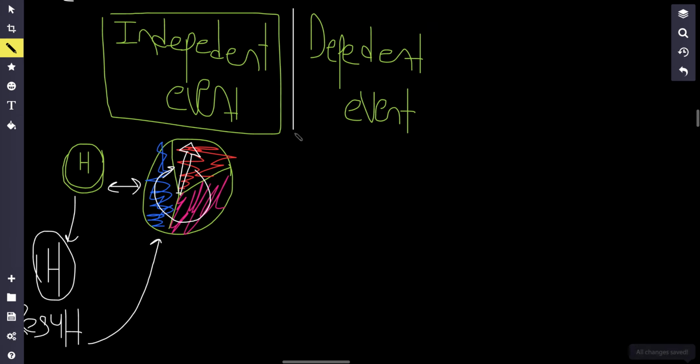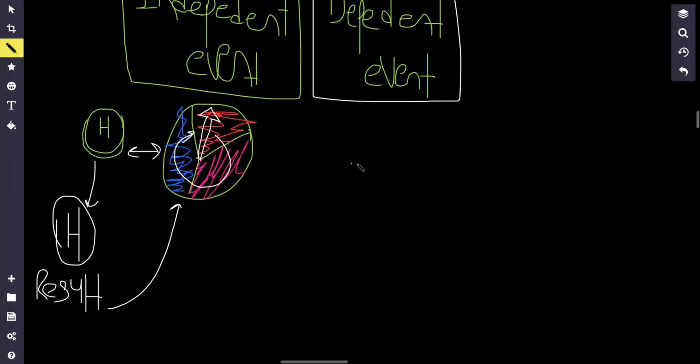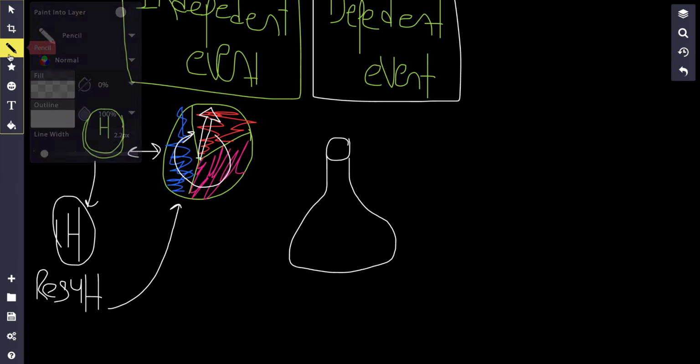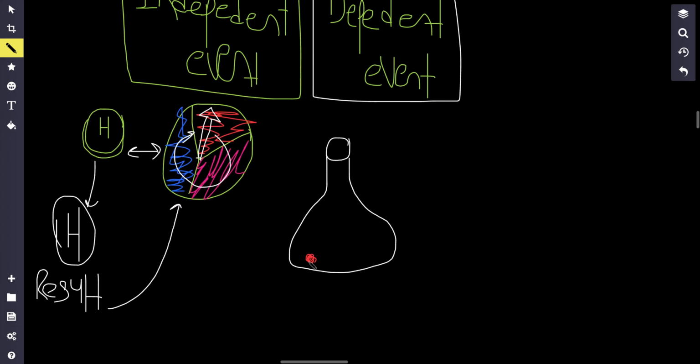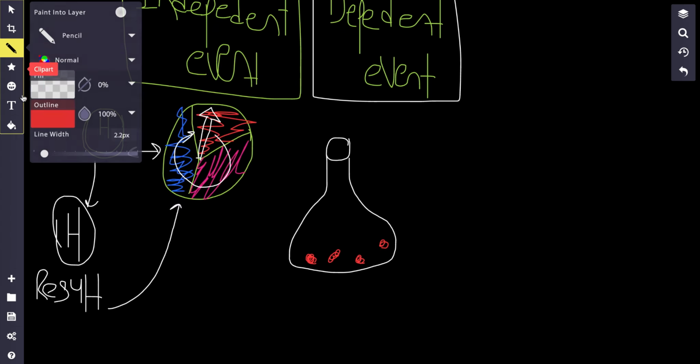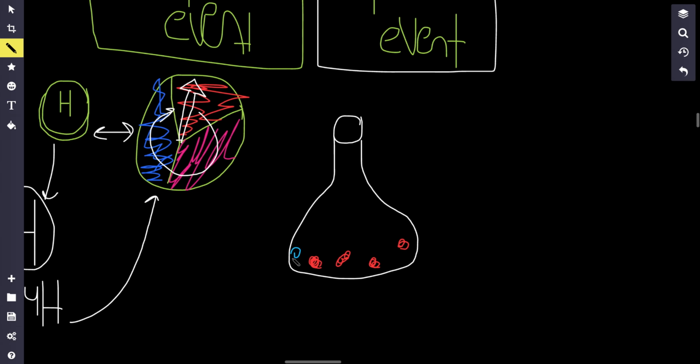However, an example of a dependent event would be, let's say I have a bag of marbles, okay? So let's say this is my container. Let's say I have 4 red marbles, and let's say I have 4 blue marbles.